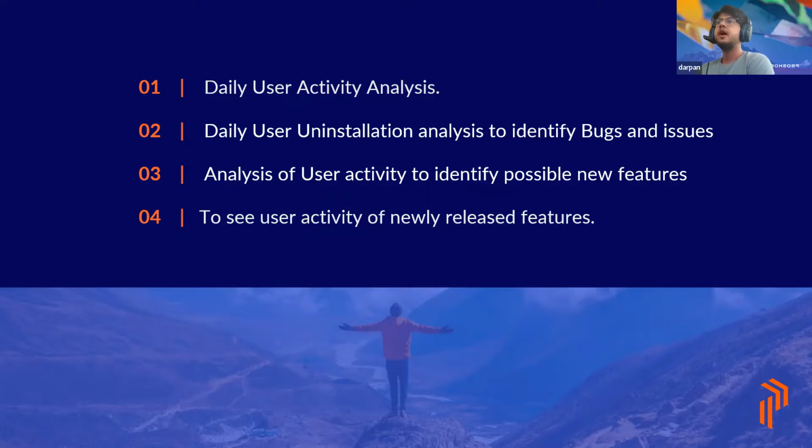Also, after analyzing the user activity, we started to think of ideas for how to add new features to improve our application. We would see how most of our users behave in certain aspects of our application, and then identify, "I think we need to add some components here to make things easier for our users."